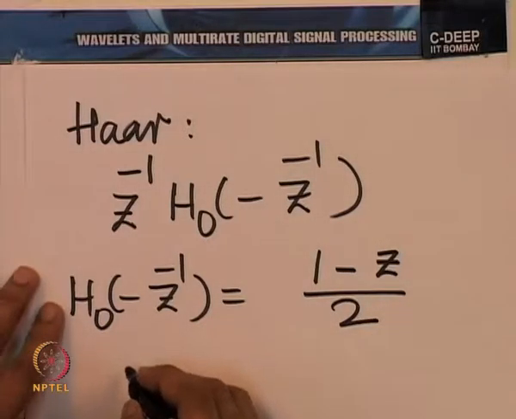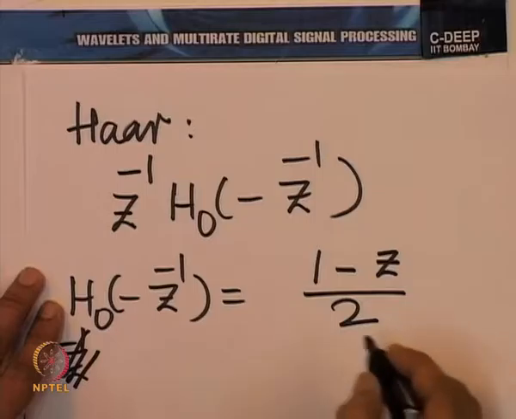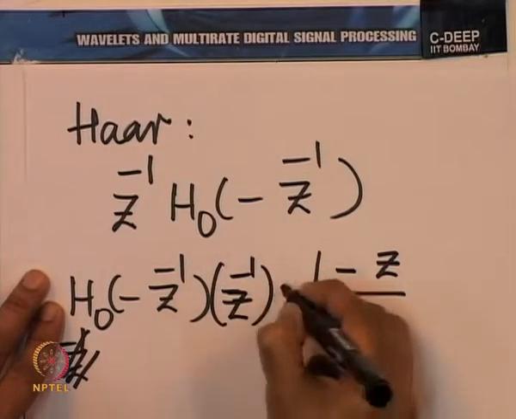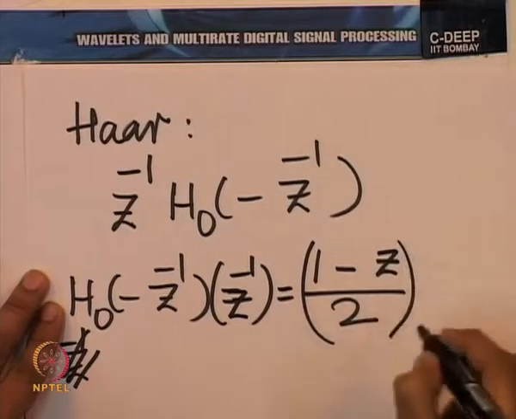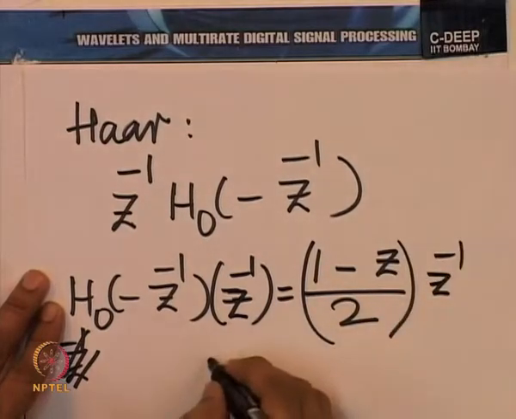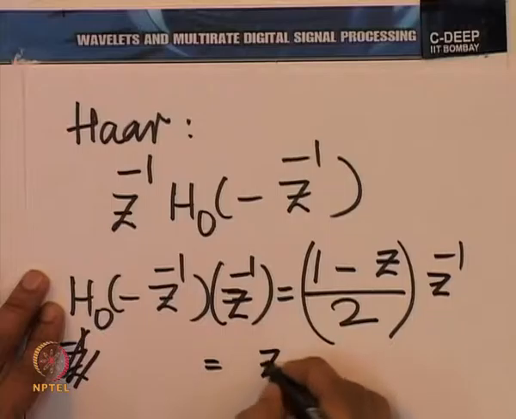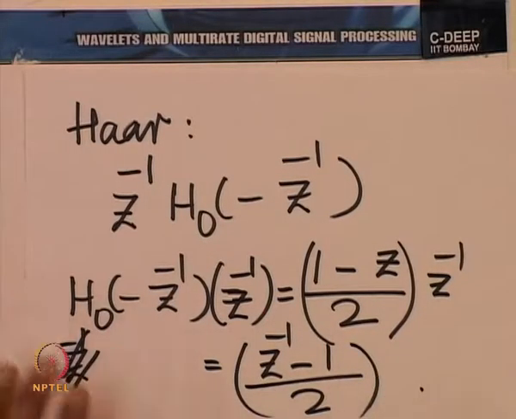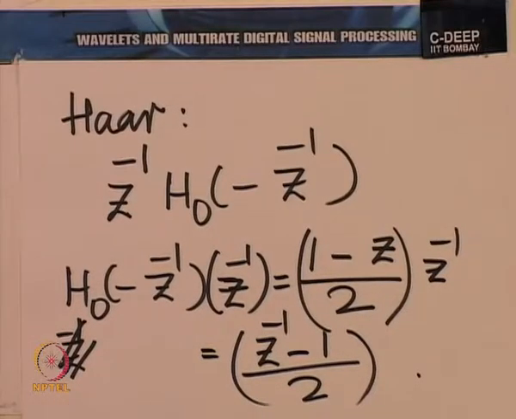And then if I take z inverse times h 0, so, if I multiply both sides by z inverse, I have essentially z inverse minus 1 by 2. So, we are doing well.